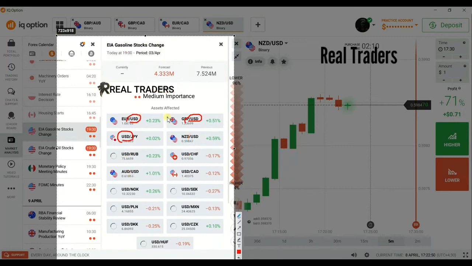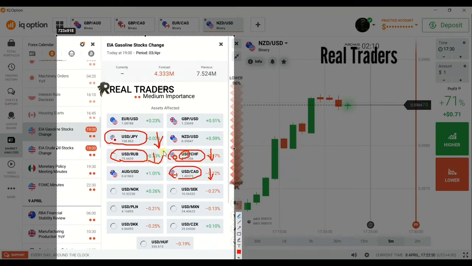Let me show you here. So the USD will decrease, so the USD JPY will decrease, the USD CHF, USD RUB, all the pairs where the first currency, the measure, is USD will decrease.